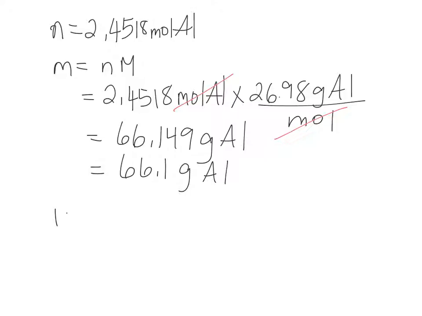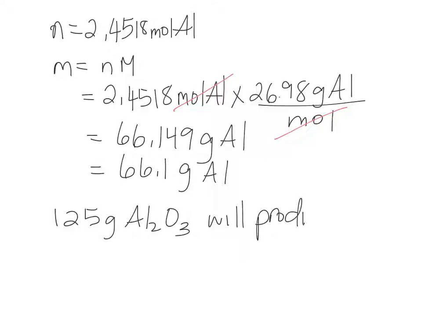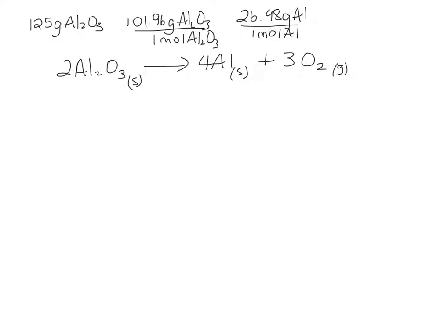So 125 grams of aluminum oxide will produce 66.1 grams of aluminum. So, dimensional analysis. Here we've got our balanced chemical equation. We know all of this information. We know the mass of our reactant.